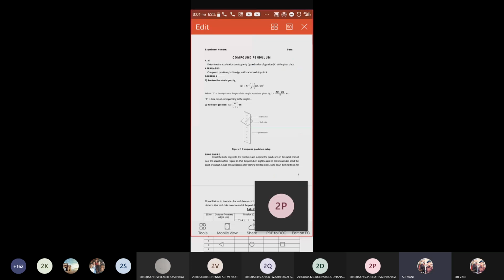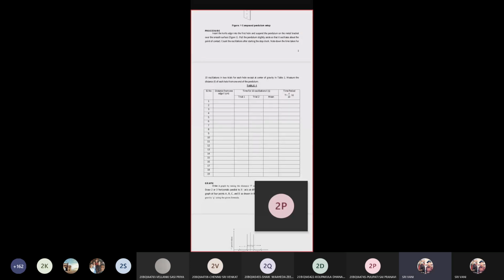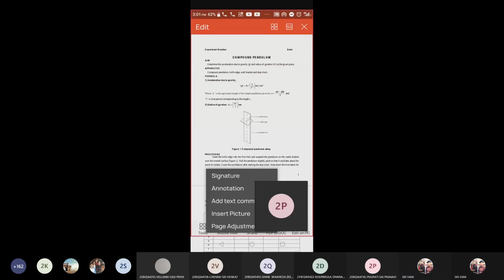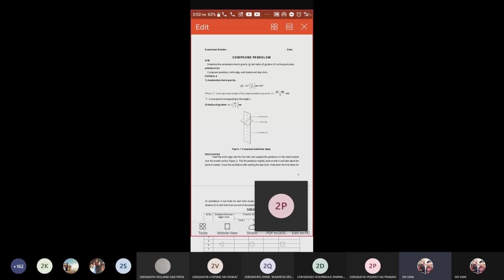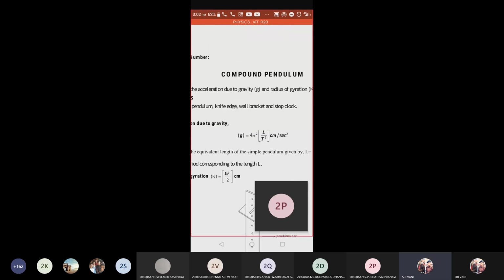Third one, wedge method. Fourth one, Newton's rings. Fifth one, sonometer. Sixth one, laser diffraction grating.